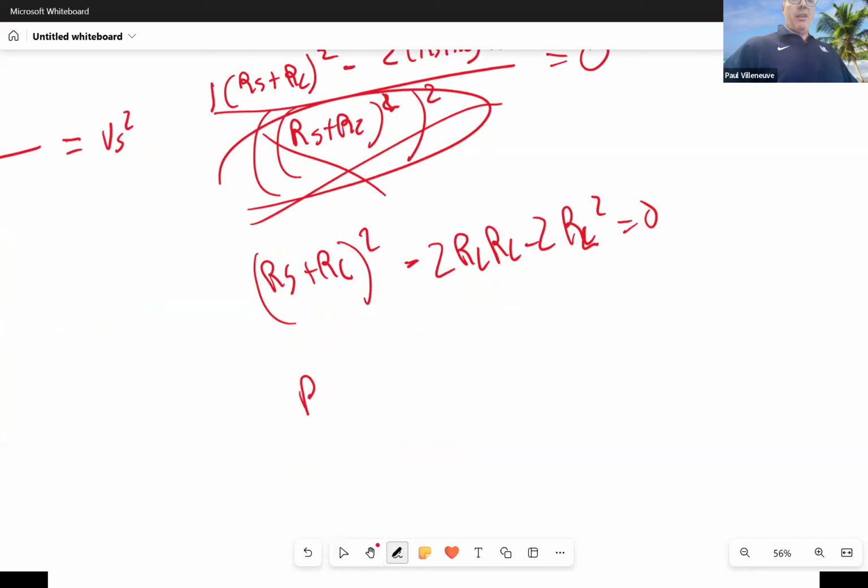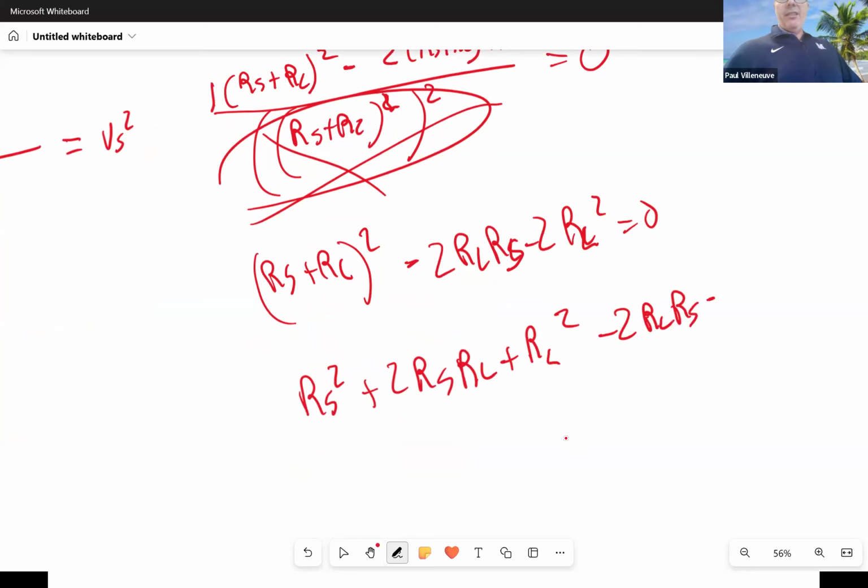So this becomes RS squared plus 2RSRL, sorry about that, plus RL squared minus 2RLRS minus 2RL squared equals 0.